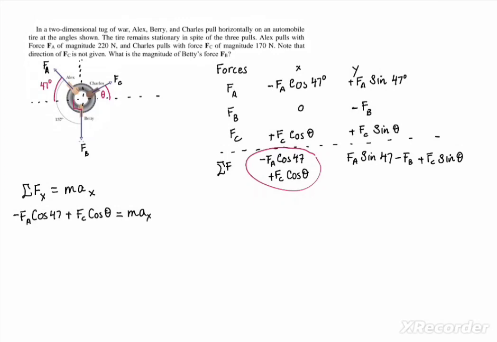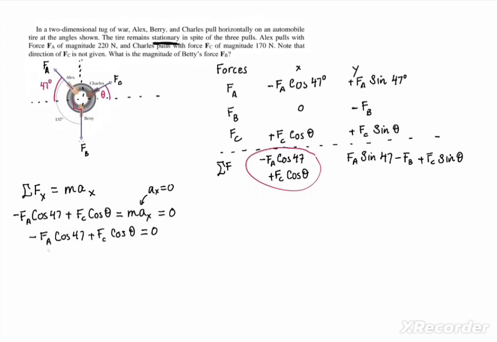And as you know, this is stationary, because that's what the question is telling us, which means our ax is 0, which means this is 0. So then what we have is negative FA cosine of 47 plus FC cosine of theta is equal to 0.